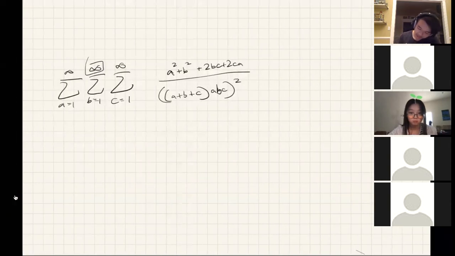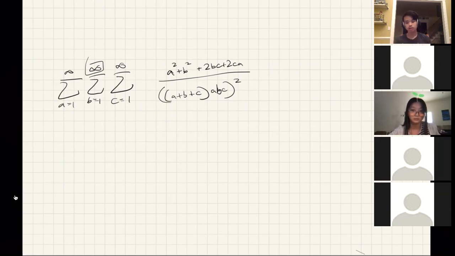Looking at this summand, in the numerator we have a squared plus b squared plus 2bc plus 2ca. It's very asymmetric, this numerator. The denominator is symmetric with respect to all three variables because it's just a plus b plus c times a times b times c, and you take the whole thing and you square it.